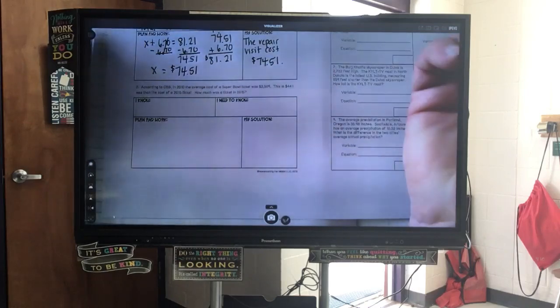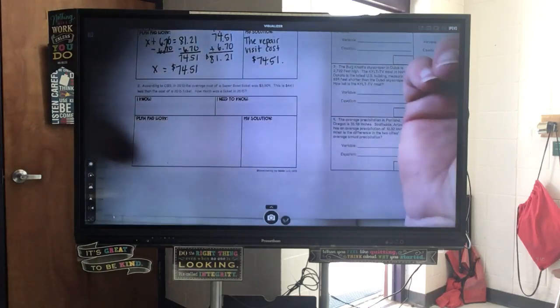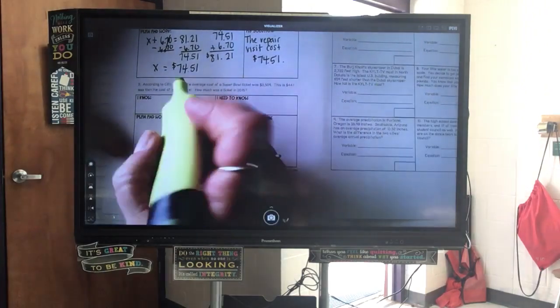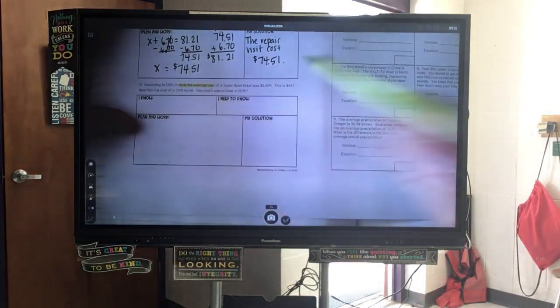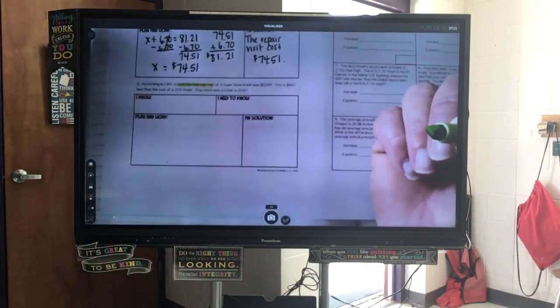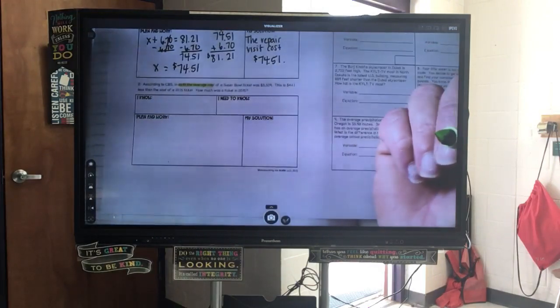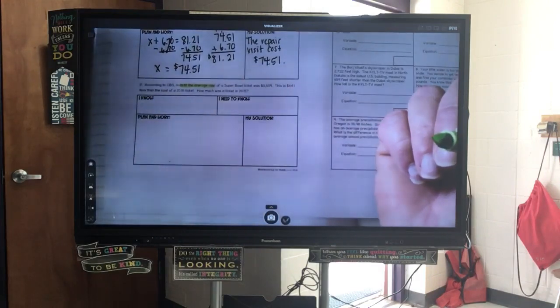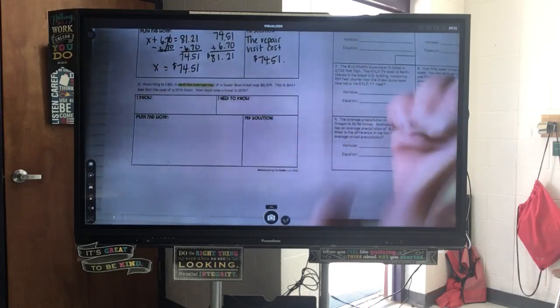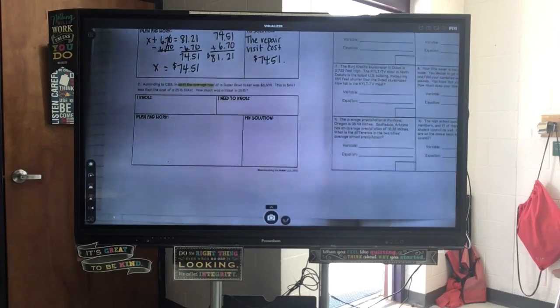Mikhail? The average cost of a Super Bowl ticket was $3,509, but make sure you tell me what year, because that's important, right?